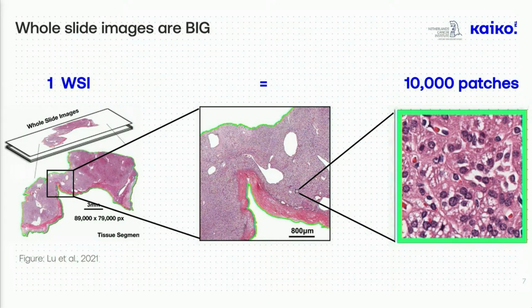So much, much smaller, actually, than this whole slide image. And this comes with its own challenges. From the modeling side, since we lose context and spatial relationships between these tiles, but also on the more logistic side, since we need a way to acquire these tiles and store them.